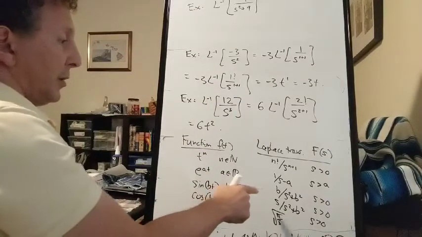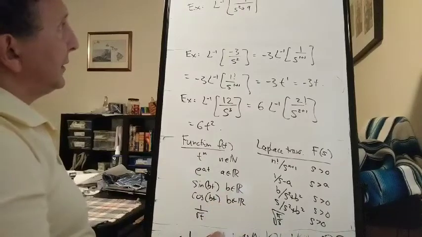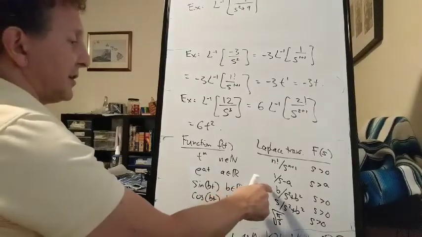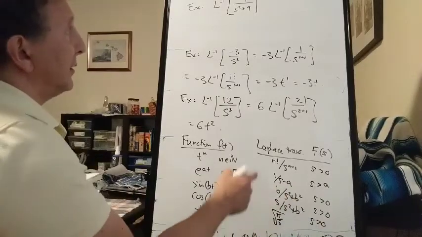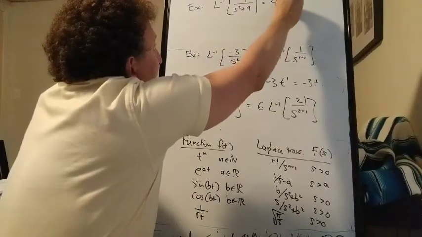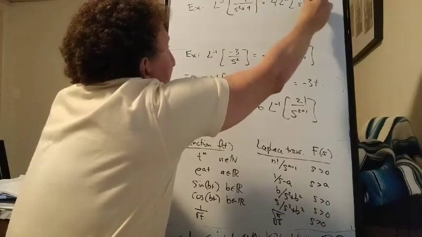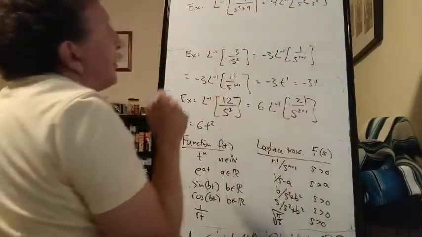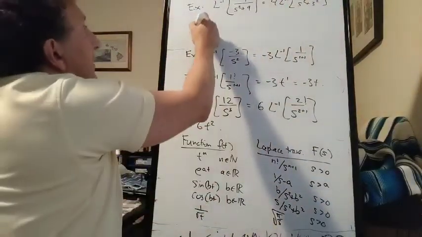And then we have a number in the numerator, not the variable s, but a number. So I kind of wish that that number were 3, because then we'd have 3 over s squared plus 3 squared. So let me pull the 4 out. 4 L inverse 1 over s squared plus 3 squared. And then I want to put a 3 in there. So why don't I multiply by 3 over 3?